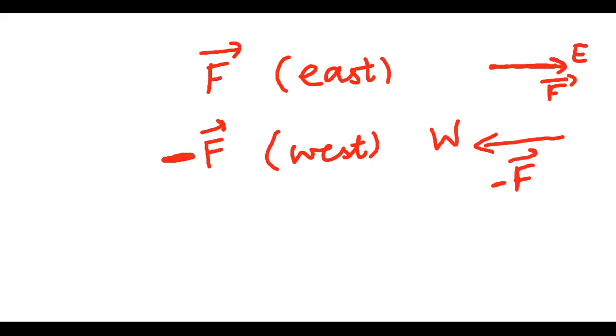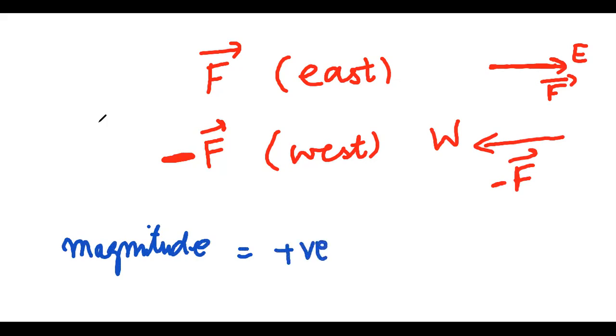What I want to say is the magnitude of a vector quantity is always positive, while the negative sign basically refers to opposite directions, like east and west. Positive means a single direction, negative means it is opposite to the earlier direction.